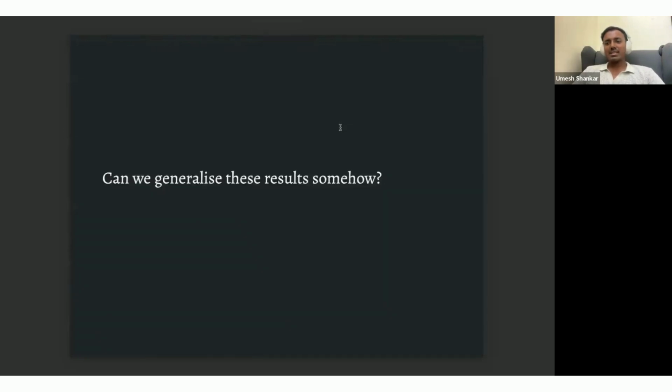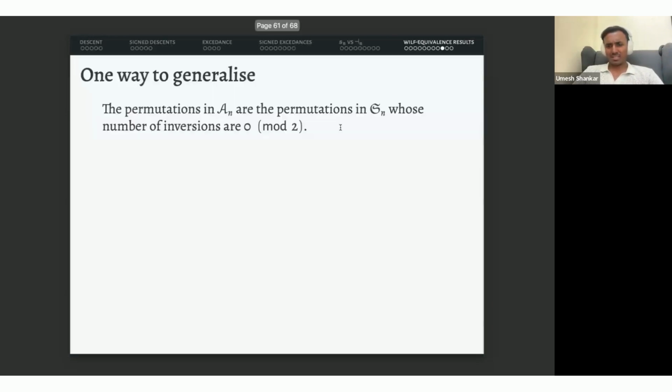Since it's experimental maths, these are experiments that I've just run, and I just came up with some conjectures that I observed. So can we generalize the results that we have seen somehow? We looked at some gamma positivity results, some real rootedness conjectures.